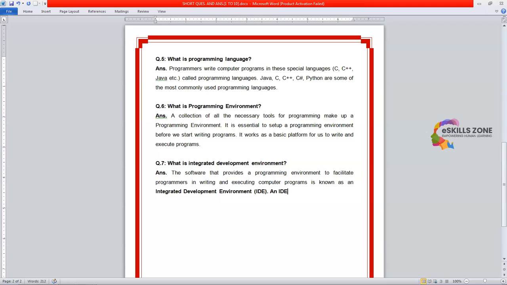An IDE has a graphical user interface, which is also called GUI.